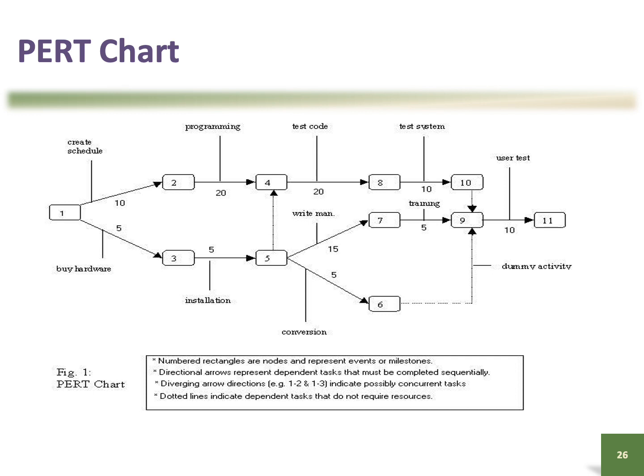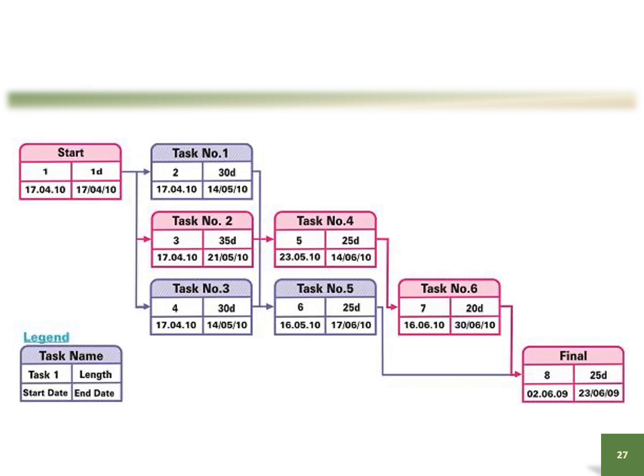So this is one way of doing the PERT chart, or you can also represent your PERT chart this way, right? You have your task number or the name of your task, how many days, and then when it starts and when it ends. So this legend over here says your task name, the number of your task, the length or how many days it takes, and you have your start date and also your end date.